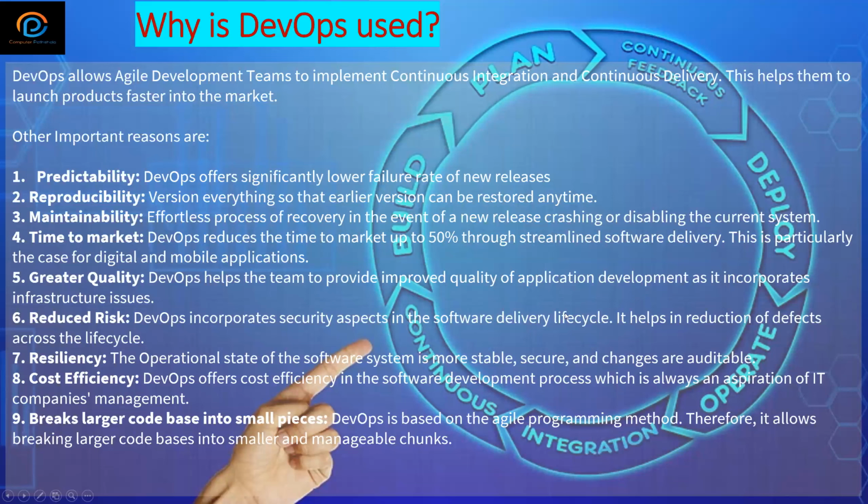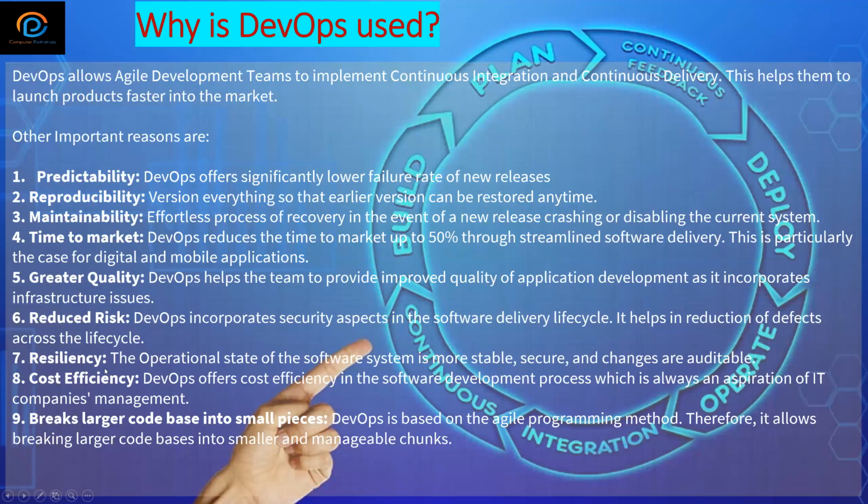For example, if an application version is not the latest version, or it has a lot of vulnerabilities, using DevOps you can fix those vulnerabilities, and it will help you secure your software delivery life cycle.